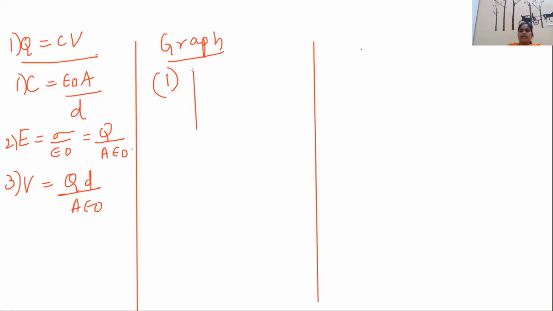First I'll take the y-axis and also the x-axis. We'll take two models and try with them. Here we are taking capacitance versus Q. Now we have C, here you have Q. Now how will it vary?